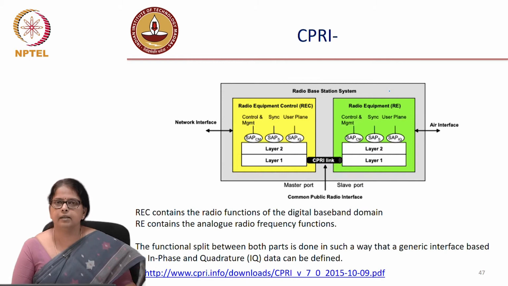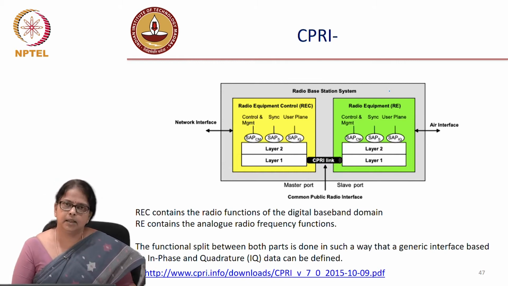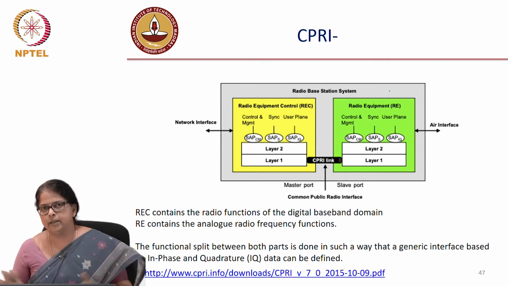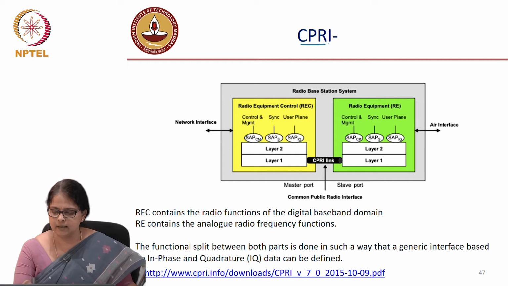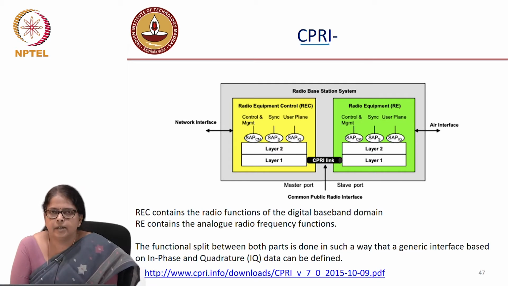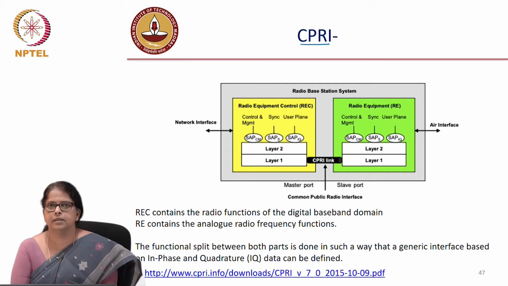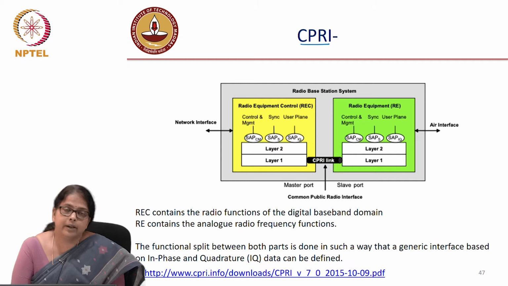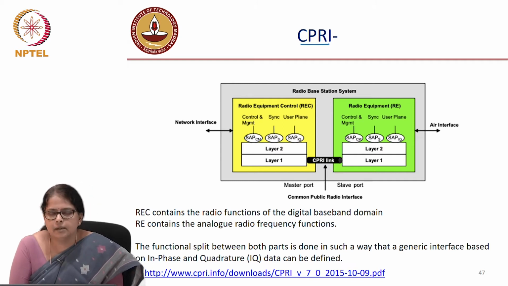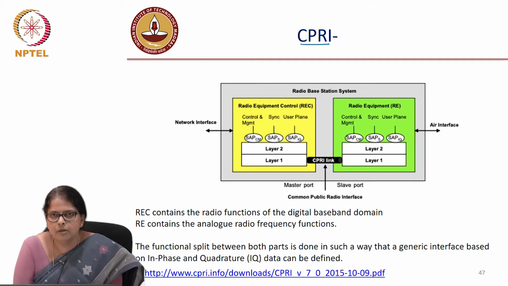And the new standard developed in the wireless community to allow interoperability between different equipment manufacturers is called CPRI. The different manufacturers of the radio equipment should agree upon a standard that is followed universally.